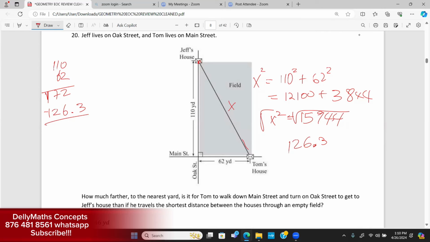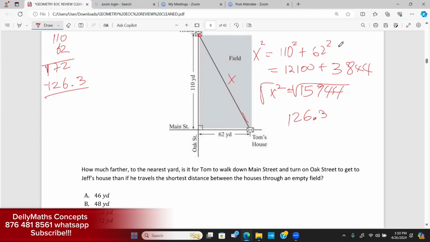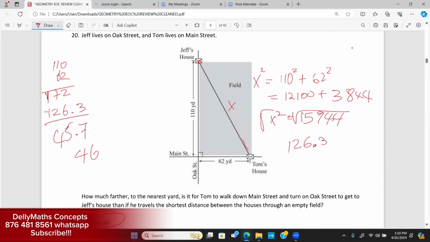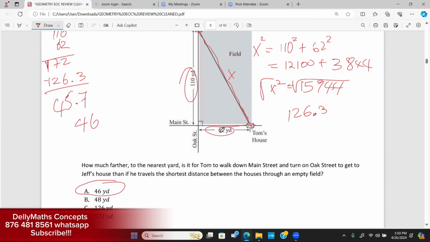I'm getting 45.7, which is roughly 46. So when you subtract, I'm getting 45.7 and round it off, that is 46. So what that is simply saying is, if he had walked Main Street and then gone here, he's going to walk 46 yards more than if he had just cut through the field and gone there. That's what we're looking at.